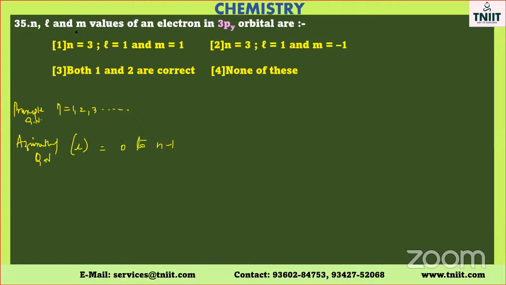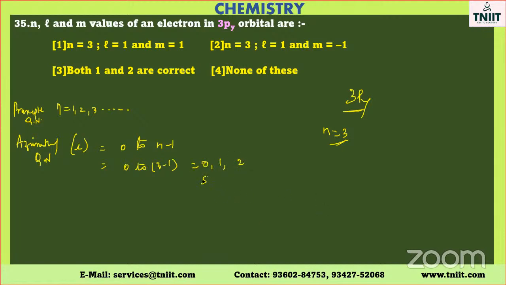As per the question, they're asking about 3py. From this we understand n is equal to 3. When the principal quantum number is 3, the azimuthal quantum number is 0 to 3 minus 1, that is 0 to 2: 0, 1, 2.